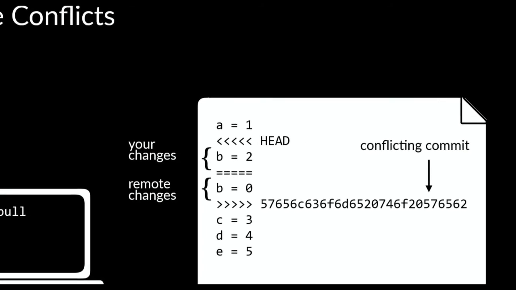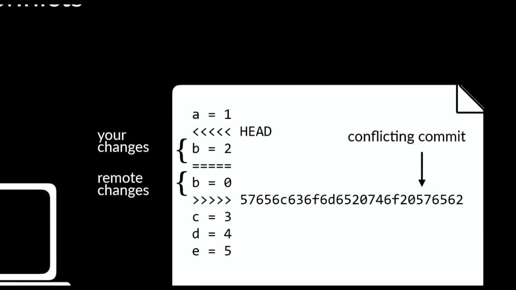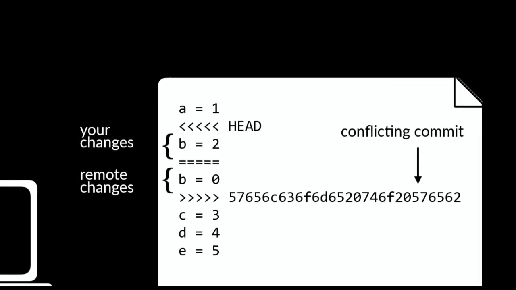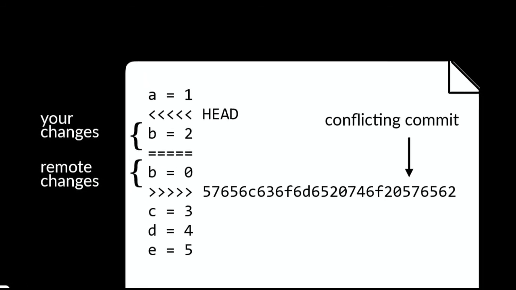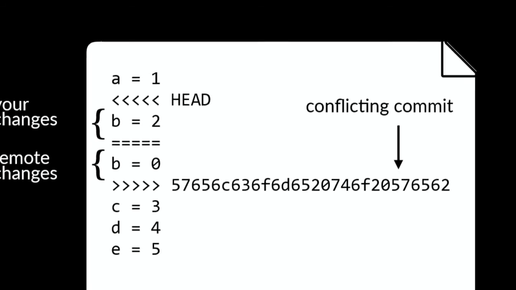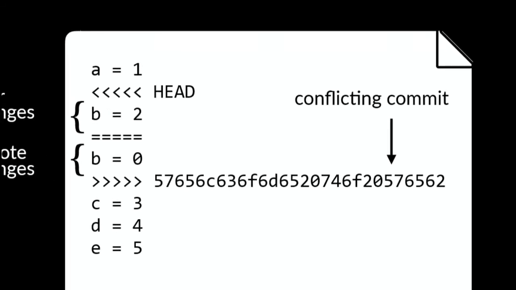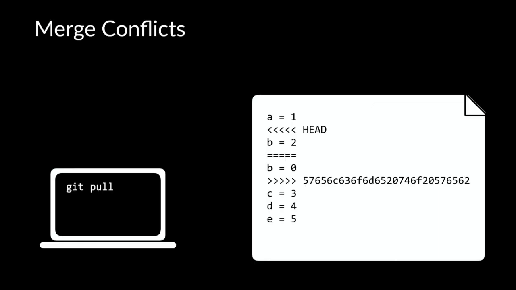One is that anything between HEAD and the equal signs is your changes, the things that you did on your computer. Anything between these equal signs and the greater than signs are remote changes, the changes from GitHub that you are trying to pull down that were somehow in conflict. These two lines couldn't automatically merge together, and this long sequence of numbers and letters is the conflict commit.